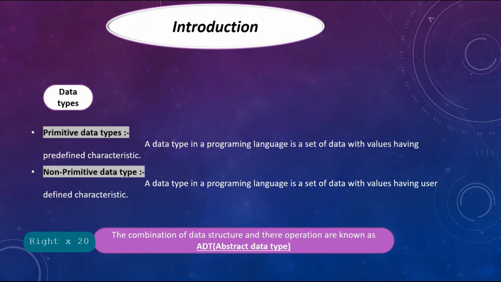The combination of a data structure and its operations is known as ADT, which is abstract data type, a most commonly used term in data structures.